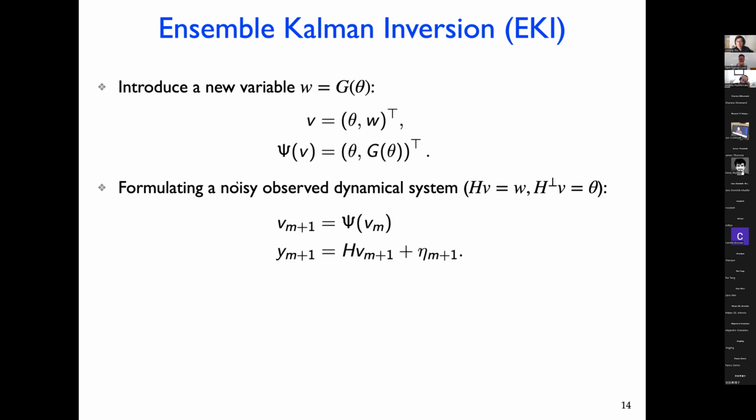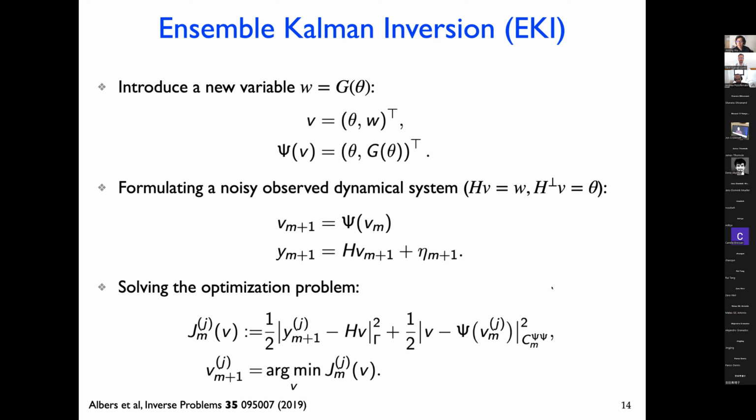The updating formula of ensemble Kalman inversion can be viewed as applying the standard Kalman filter to this noisy observed dynamical system, which is also equivalent to solving the optimization problem presented at the bottom.